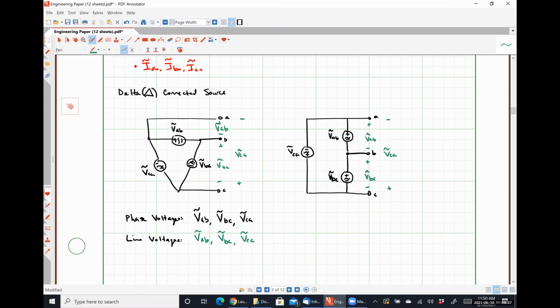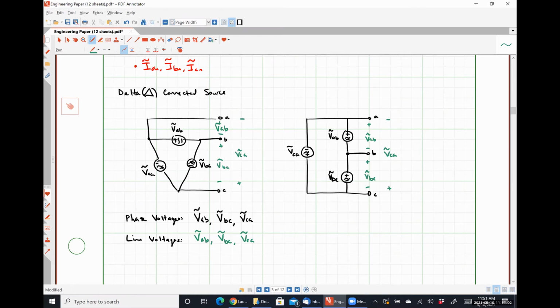So this is one of the spots where things get a little confusing, right? For a delta connected source, the line voltages and the phase voltages represent the exact same quantities. But for a Y connected source, that isn't true. That's why it's fundamental for us to know what a line voltage really means and what a phase voltage really means.